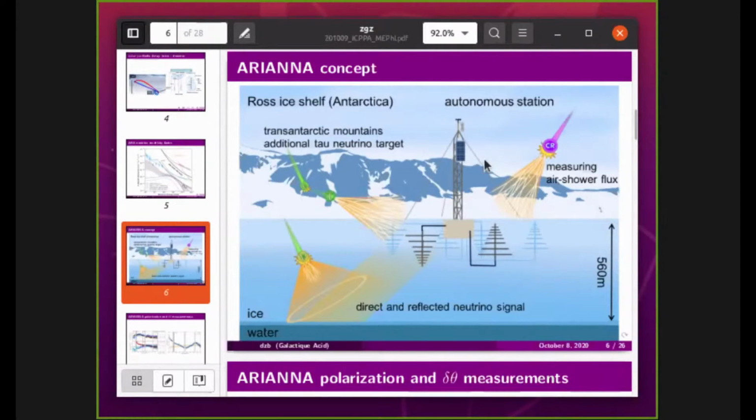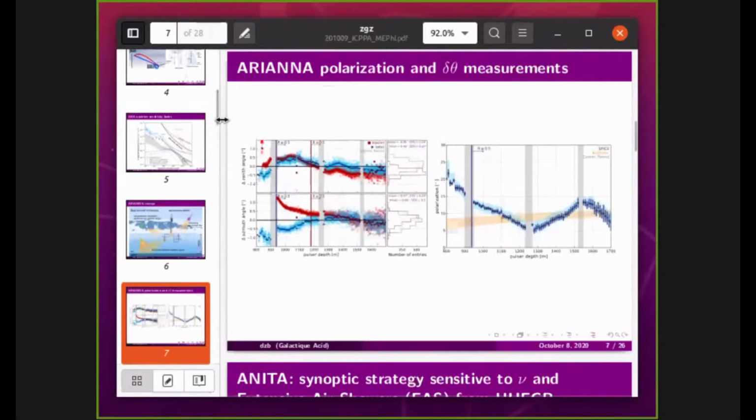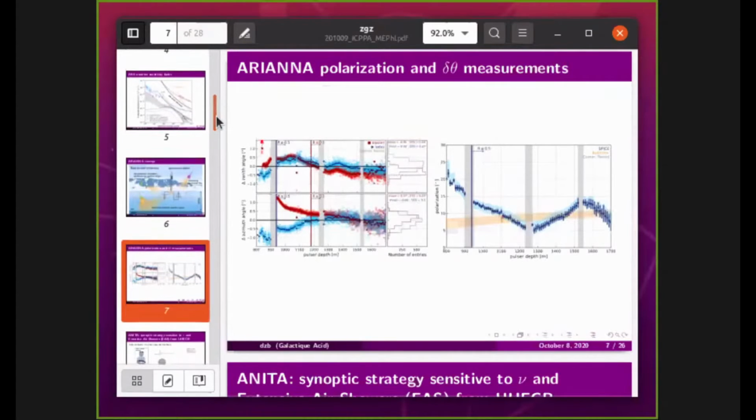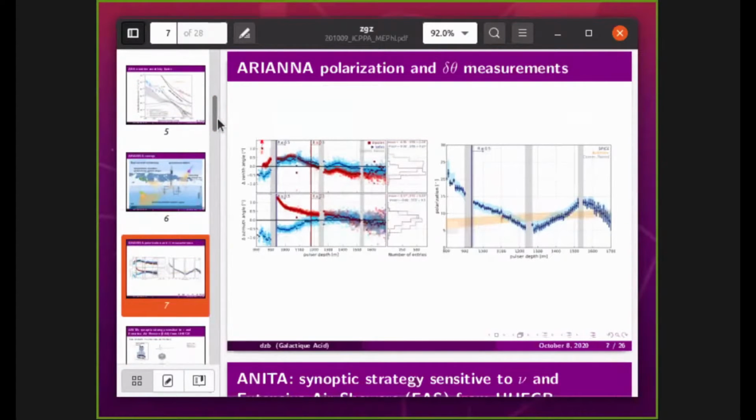And to date, the Ariane experiment has actually measured cosmic rays, although it has not measured any neutrinos. As a demonstration of performance, what they've done is they have measured their polarization sensitivity. So you need polarization information to reconstruct the Cherenkov cone. You need, if you like, the theta and phi components of the Cherenkov cone to measure the actual neutrino geometry and trace that to a point in the sky.